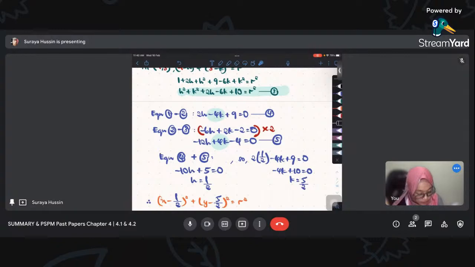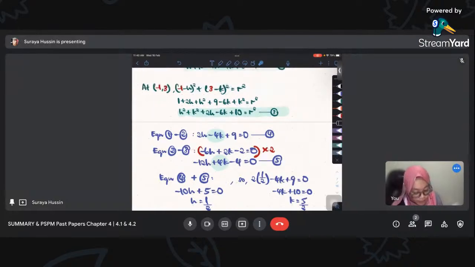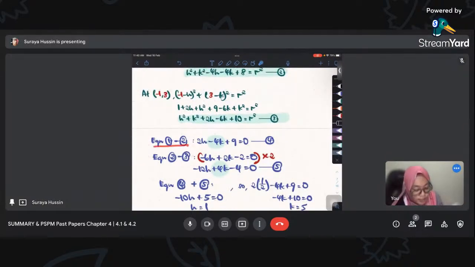So, yeah. If you have done equation 1 minus 2, you will get a new equation. I label it equation 4.